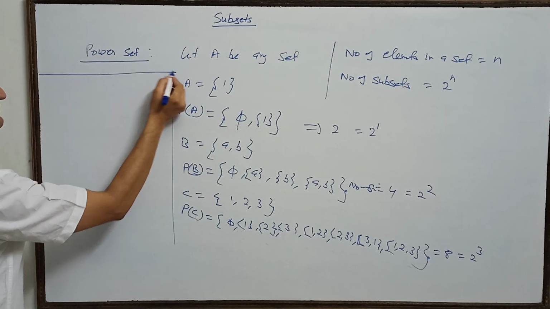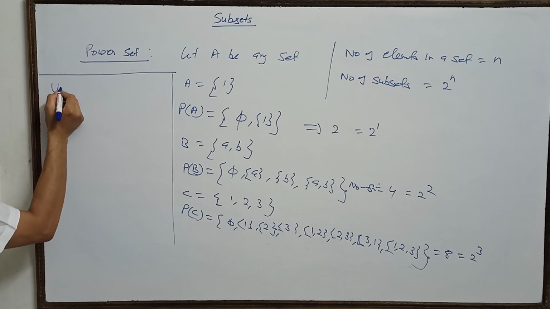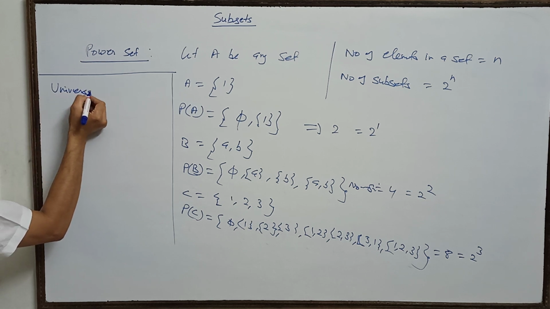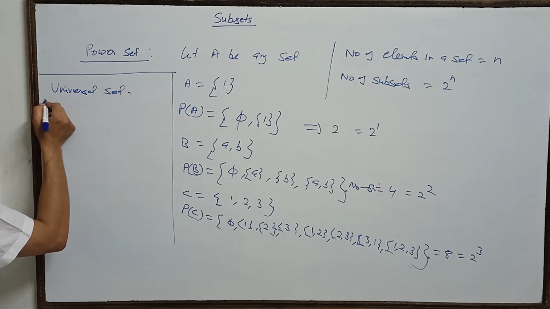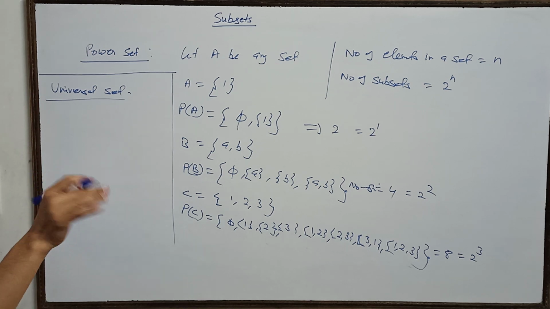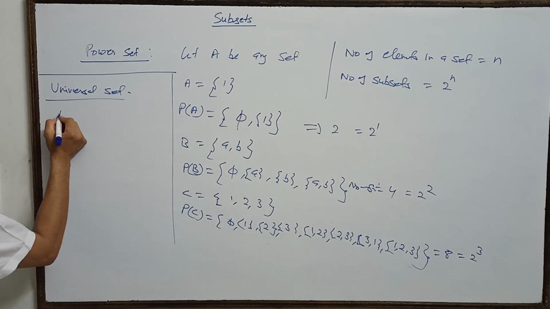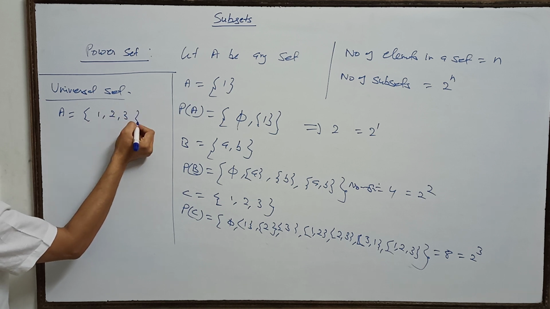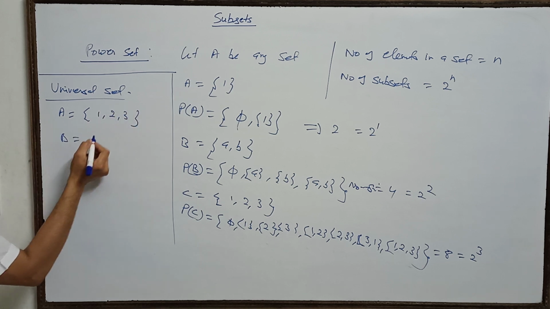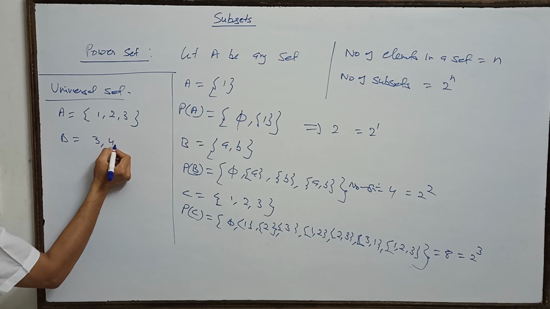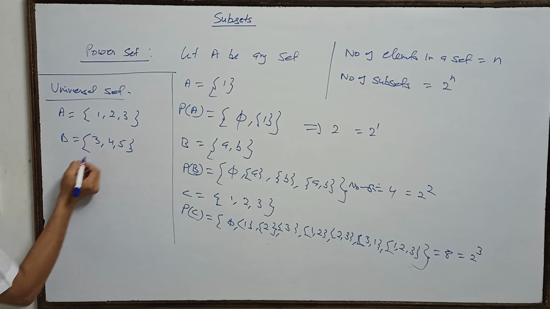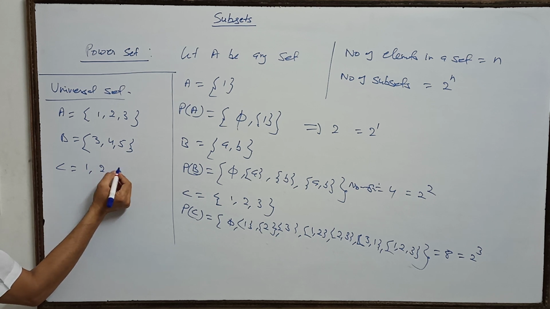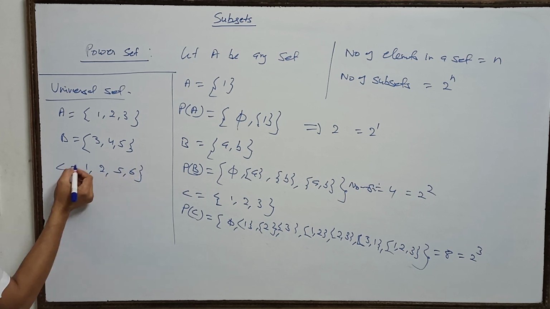Next comes the universal set. Universal set means if we are considering 2 or 3 sets. Set A has elements 1, 2, 3, B has elements 3, 4, 5, and C has elements 1, 2, 5, 6.